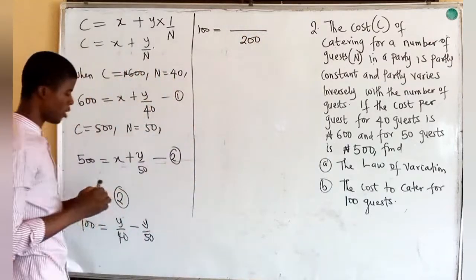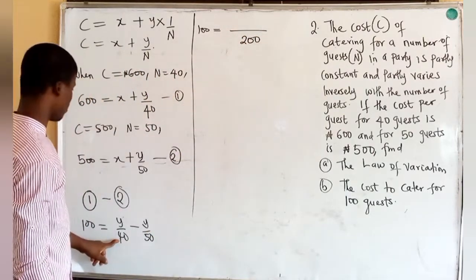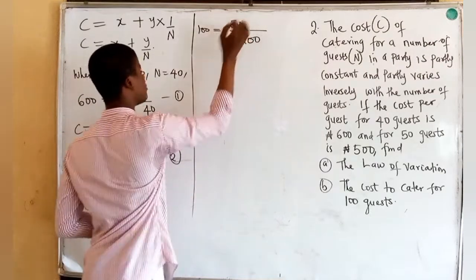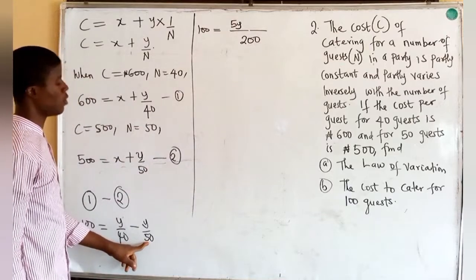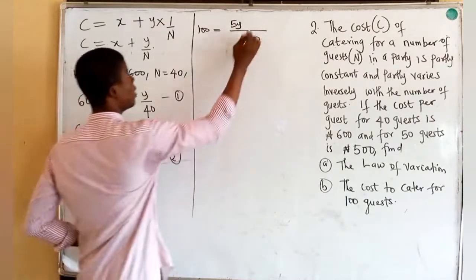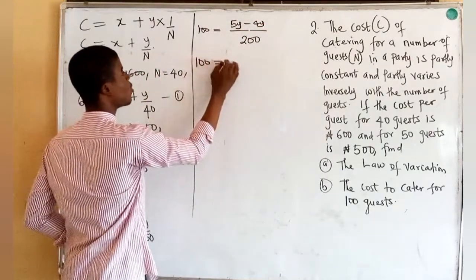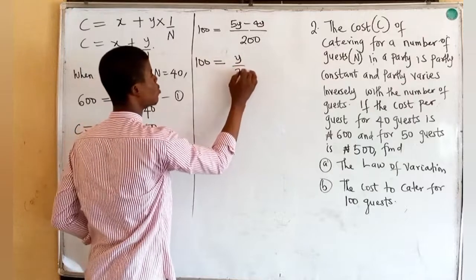Now, let's go. 200 divided by 40 will give me 5. 5 times y is 5y. Then 200 divided by 50 is 4. 4 times y, 4y. This is minus 4y. I have 100 is equal to 5y minus 4y, which is y over 200.